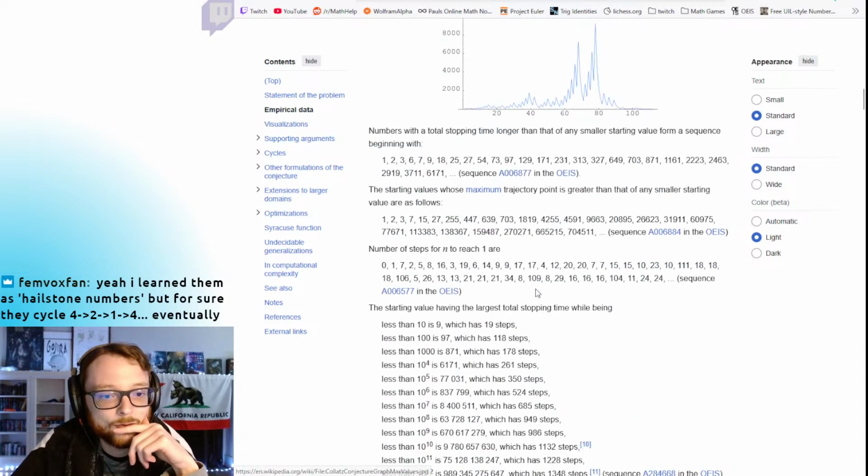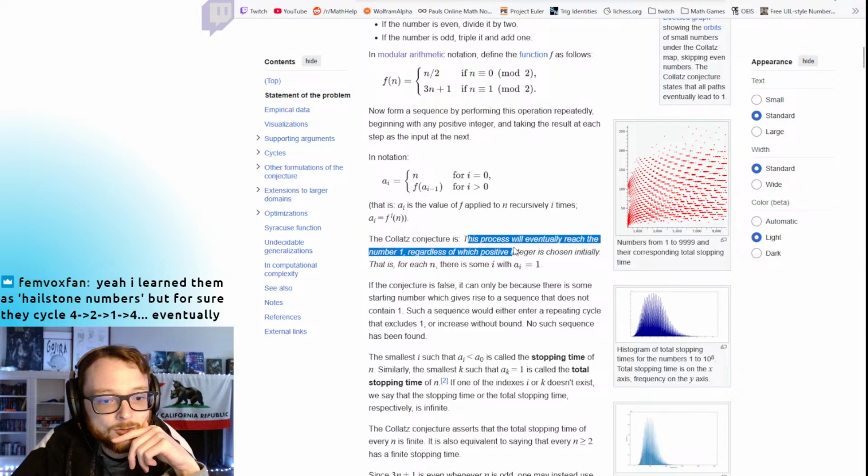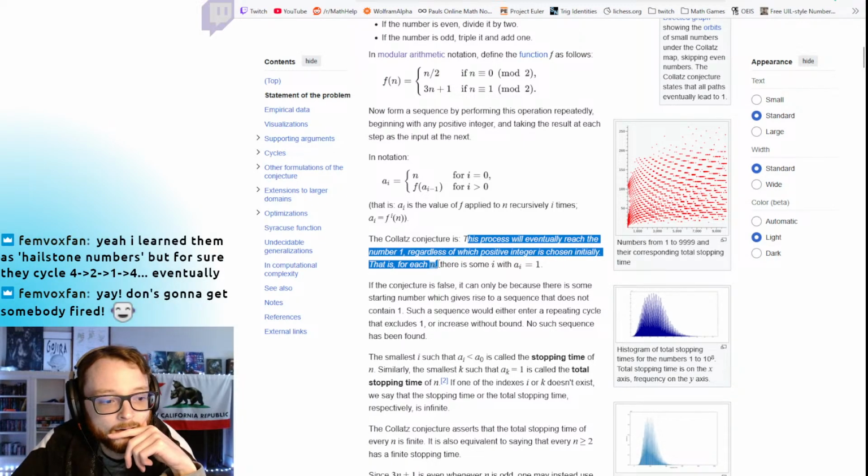Sorry, so yeah, the assertion about the Collatz conjecture: this process will eventually reach the number 1 regardless of which positive integer is initially chosen. Well, I'm not going to solve the Collatz conjecture.